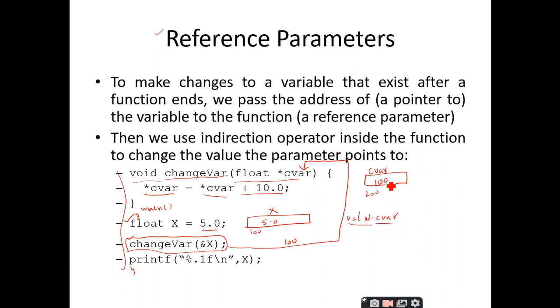What is the value of cvar? 100, sir. 200 is the address of cvar, but the value of cvar means the value that is stored inside this cvar. 100, sir.